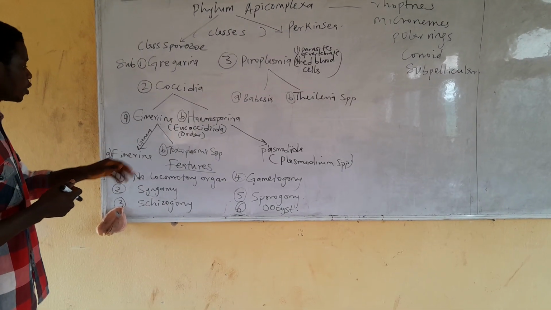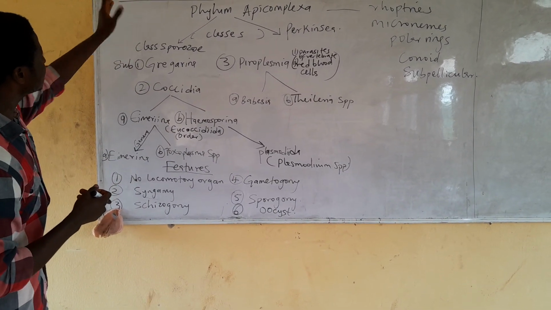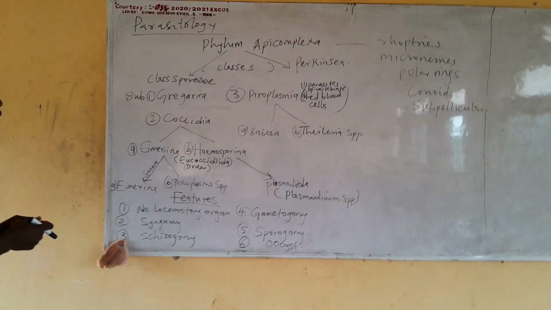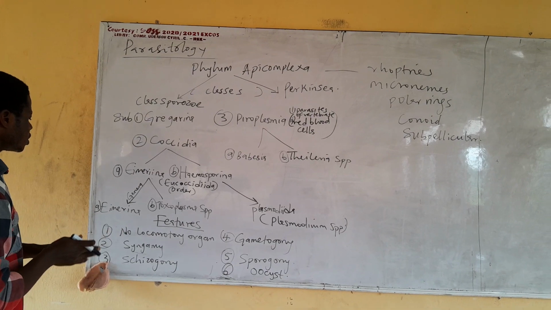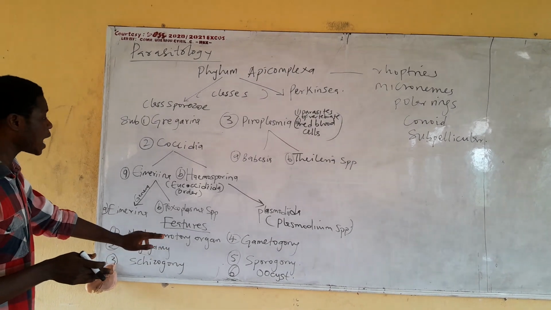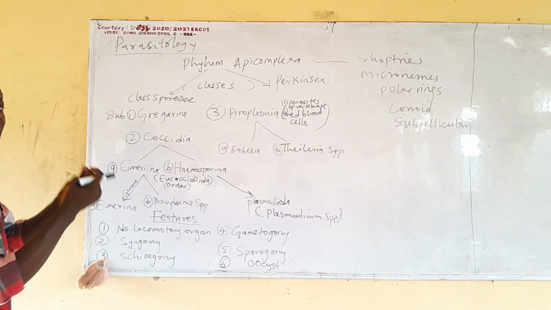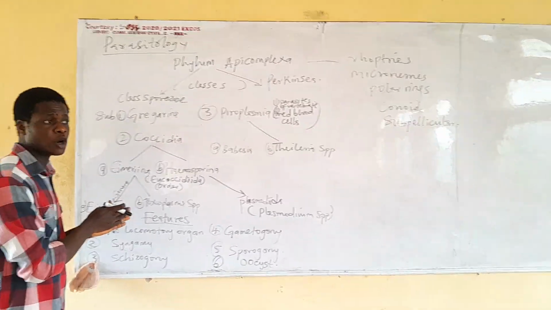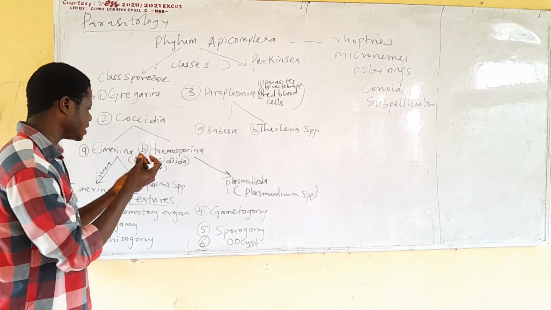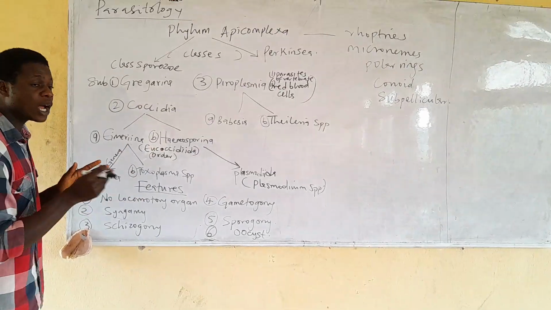Then coming to the features of this phylum Apicomplexia, I'm going to explain the features according to the classes. One feature you should know about Apicomplexia is that they have no locomotory organs for movement. Even if they have locomotory organs, they have them only in the microgametes, during gametogony.